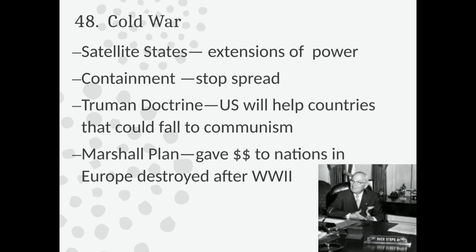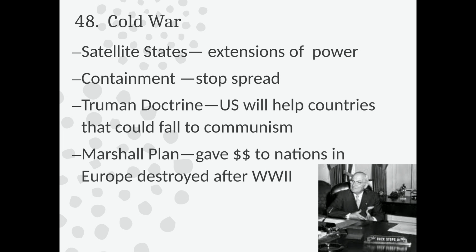When we have these things like this, we call these nations that were going along with either the Soviet Union or the Allies satellite states, that they were doing the bidding of those other countries, or that one particular country like the Soviet Union.